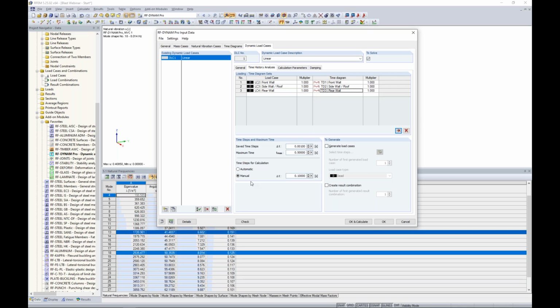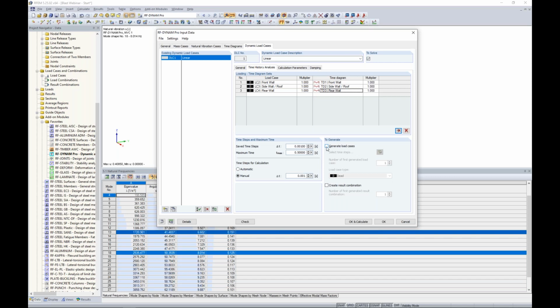But in turn, if we're not seeing much difference in the results at all, then surely keep your time step at that higher value for a quicker calculation time. And we'll see a little bit later on that for a nonlinear analysis, this will require a much, much smaller time step. For today, for our linear though, we can set this as 0.001.